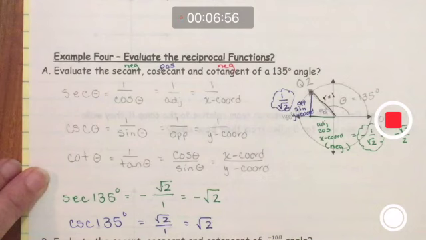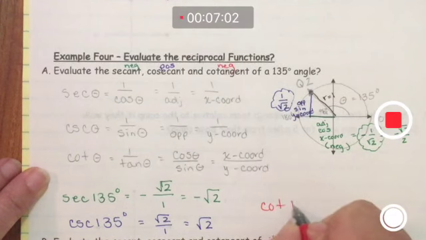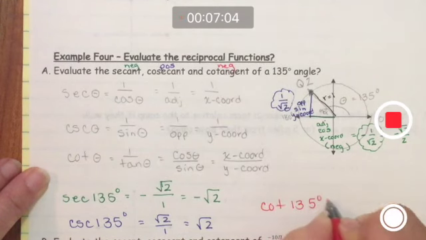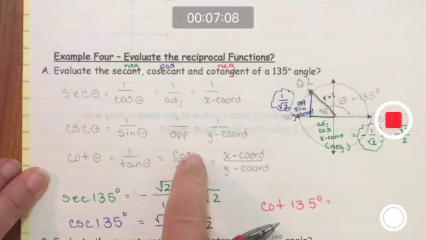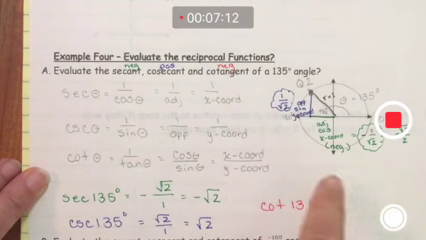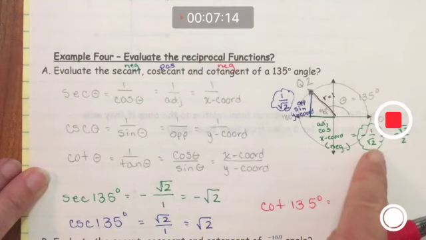And then my cotangent, all right, here, cotangent of 135 degrees, we know now that it's going to be the cosine over the sine.